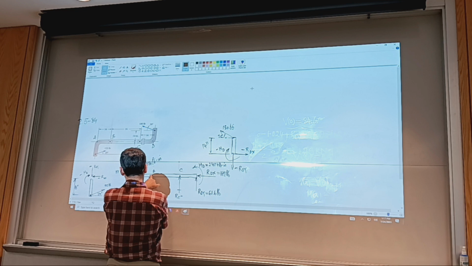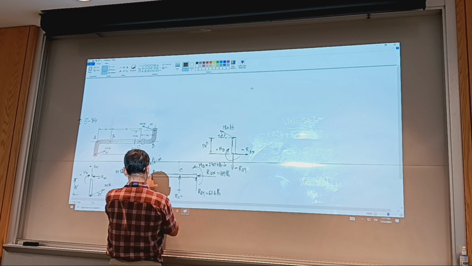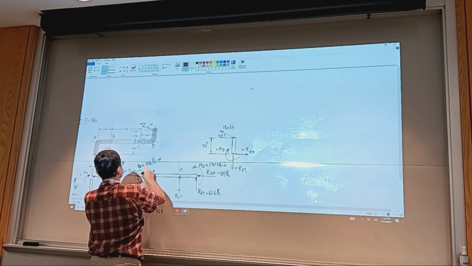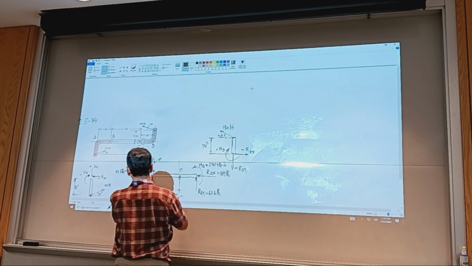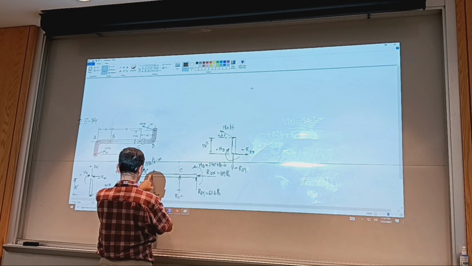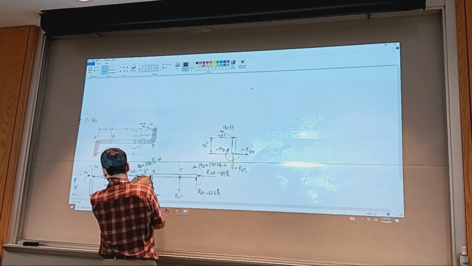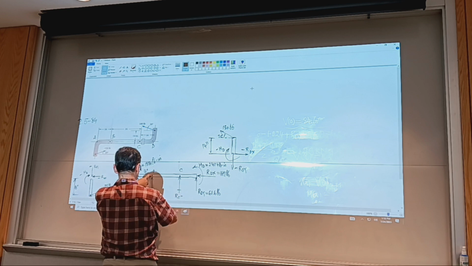So I have RAY, 42.8, times the distance AB, which is 16 inches, times 16. And this causes a positive moment, or rather, no, it's a negative for this convention. So it's a negative. Yeah, I had it negative.